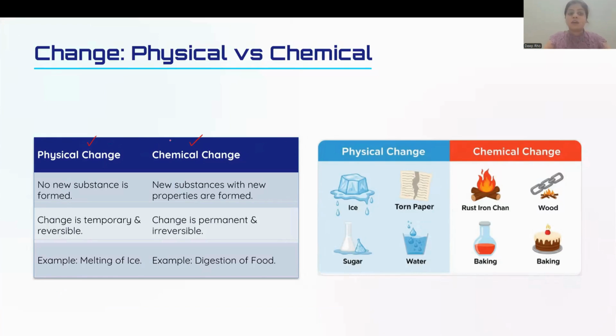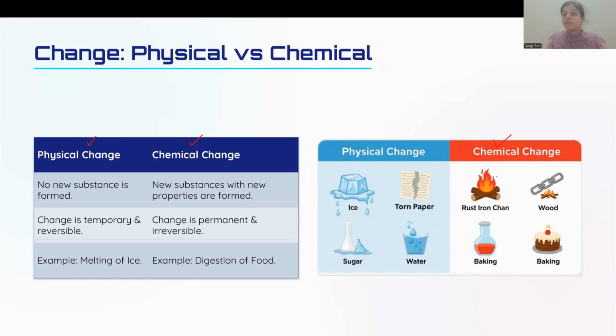If a new substance is not really formed, like ice is converted into water, it is just a physical change. This change is temporary and it is reversible. But when a new substance with entirely different properties, or I can say a new property, is formed, then I can say a chemical change is happening.